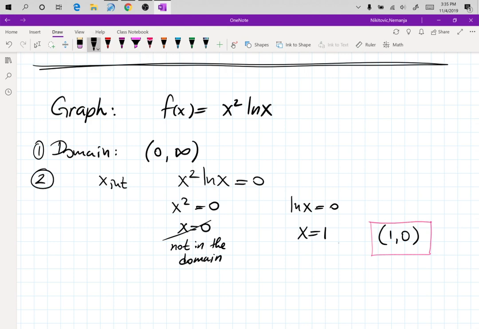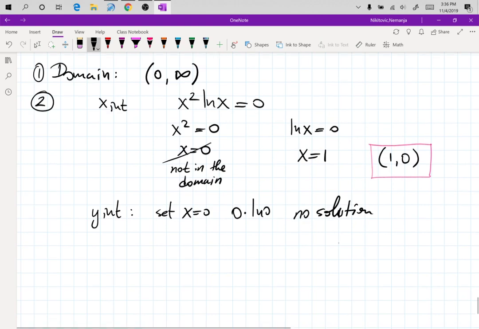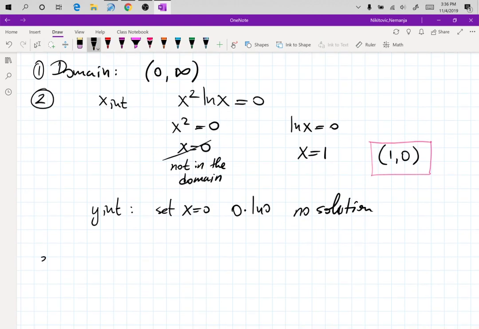Now for the y-intercept, we set x equal to 0, but then you have 0 times ln 0, no solution. So we have no y-intercept.